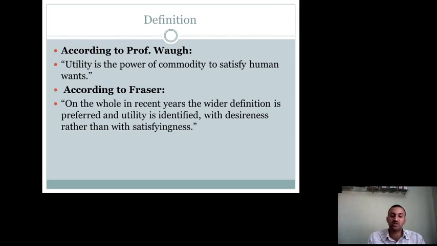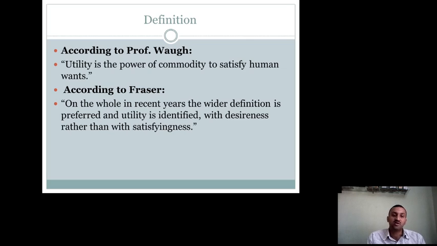Now I am thirsty and my want is some liquid drink which will satisfy my thirst. At that point of time, I have got one glass of juice and the power of that one glass of juice to satisfy my want of thirst is known as utility. So according to Professor Waugh, utility is the power of commodity to satisfy human wants.